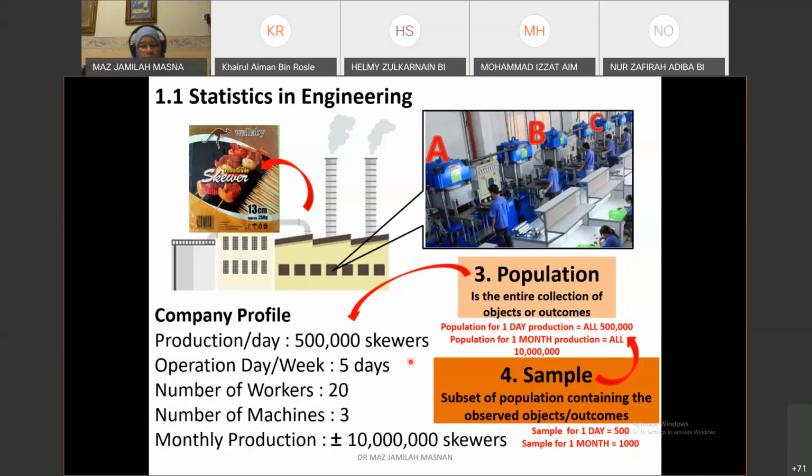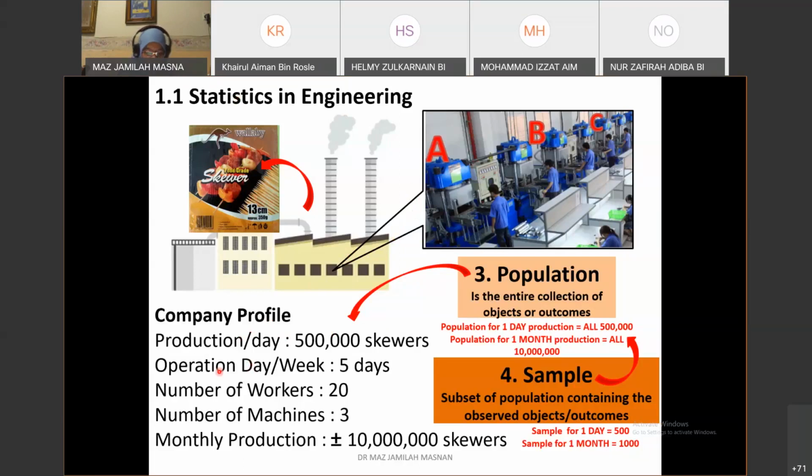That is sample. But if we look at a broader perspective, let's say we are talking about this company, Wallaby, and this company has 3 machines, A, B, C, in order to come up with these skewers. Let us look at the profile of the company. Production per day, 500 skewers.